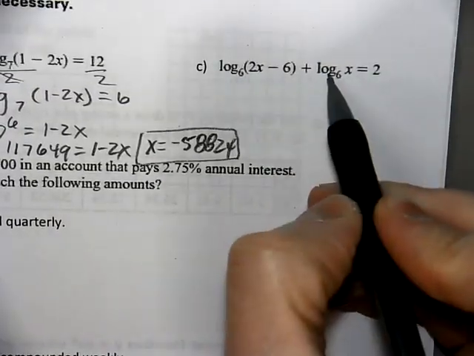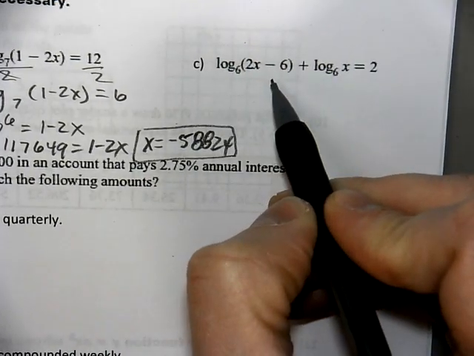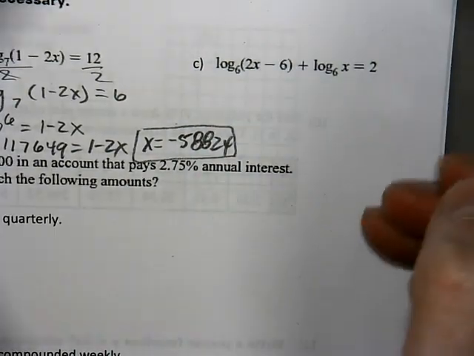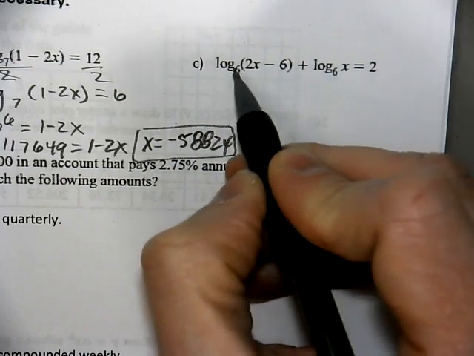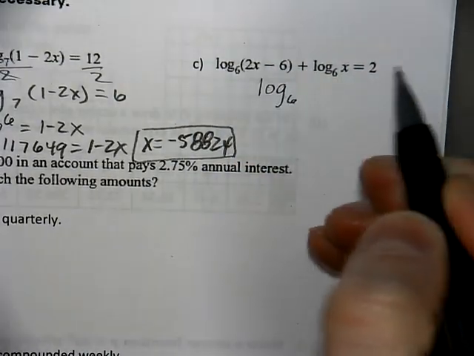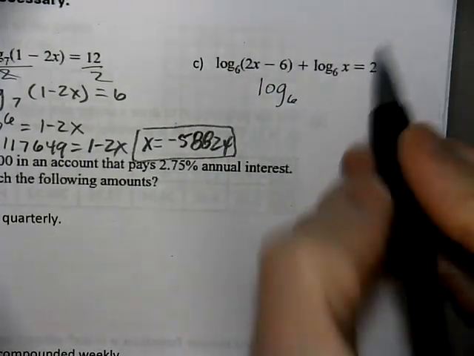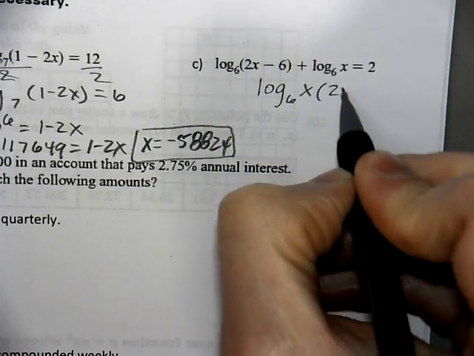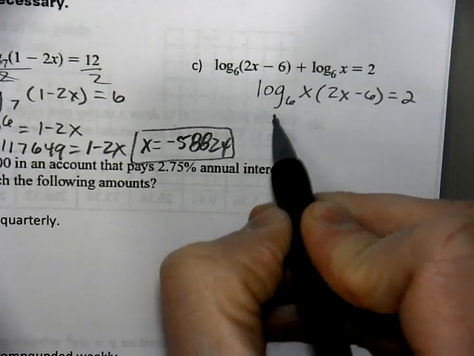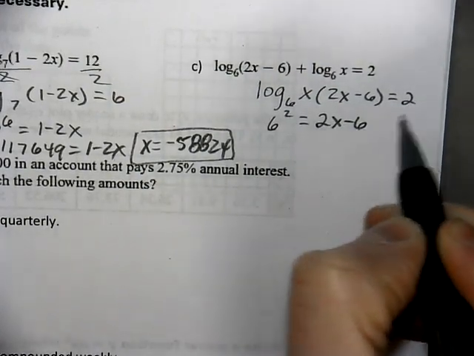This one here is 2 logarithms. We're on the same side of the equal sign, so it's not like what we did on the first letter A. We're on the same side of the equal sign, and that actually equals something else. Remember, when you have logs that are being added to each other, another way you can write it is condensed into 1 logarithm. So 6 squared equals 2x minus 6.